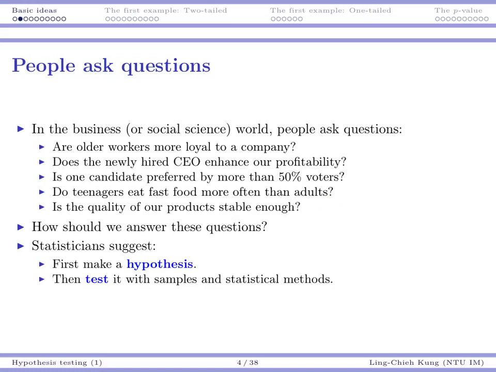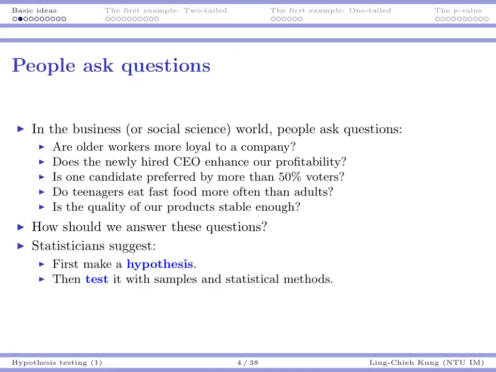Okay, we need to understand our customers. Or when we are doing manufacturing, we may need to know whether the quality of our products is stable enough. And there are all kinds of questions to ask in all kinds of situations, and those questions typically have one thing involved. That's an unknown parameter. There is something we don't know for the population.